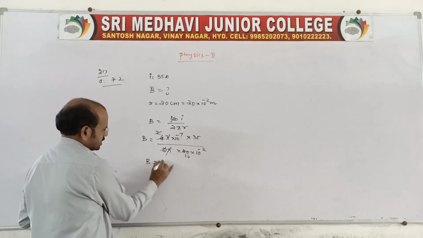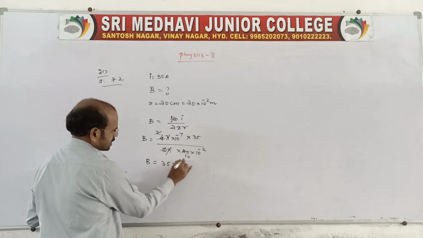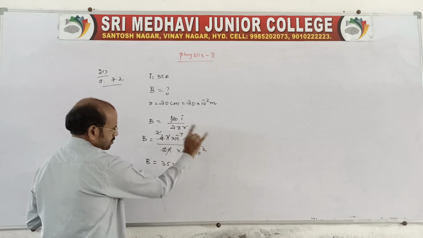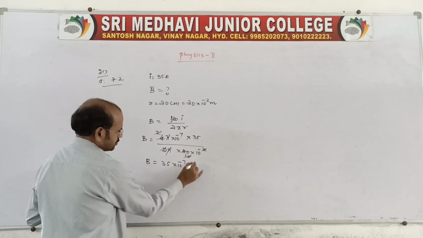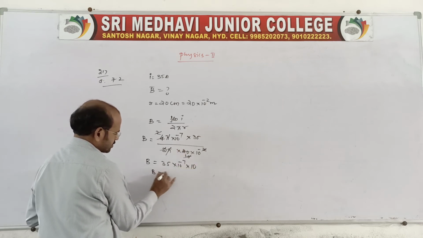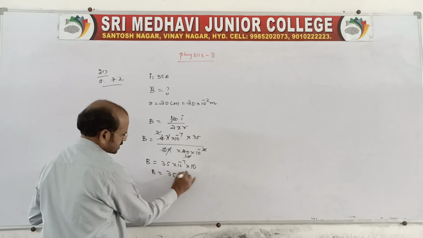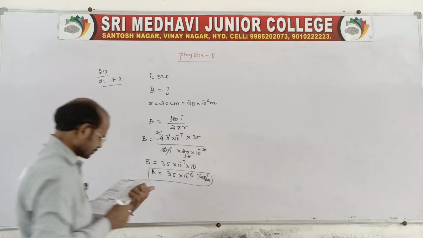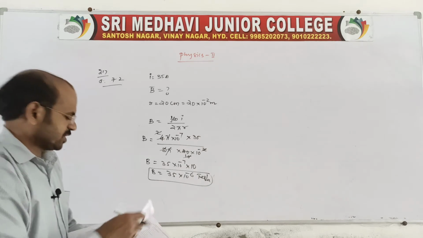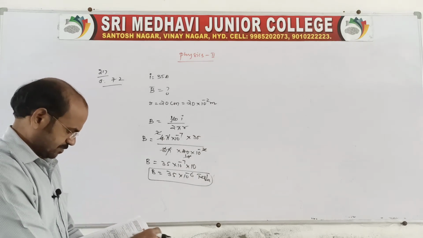Then it is 35 into 10 power minus 7 into 10 power 1. So B is equal to 35 into 10 power minus 6 Tesla is the answer.